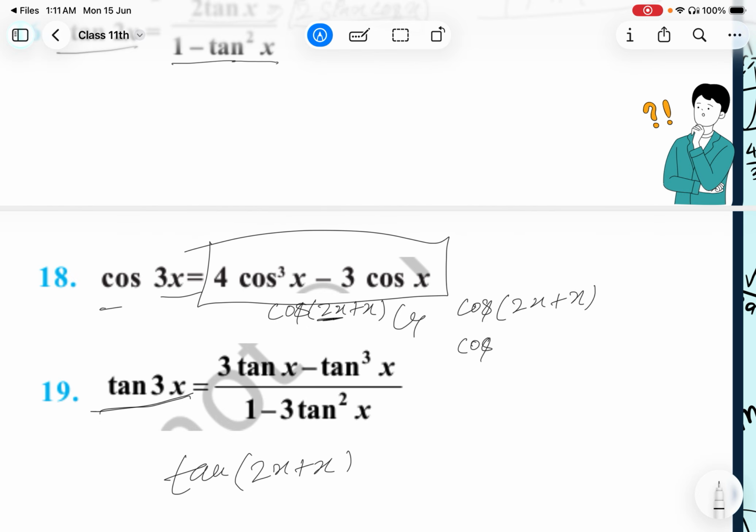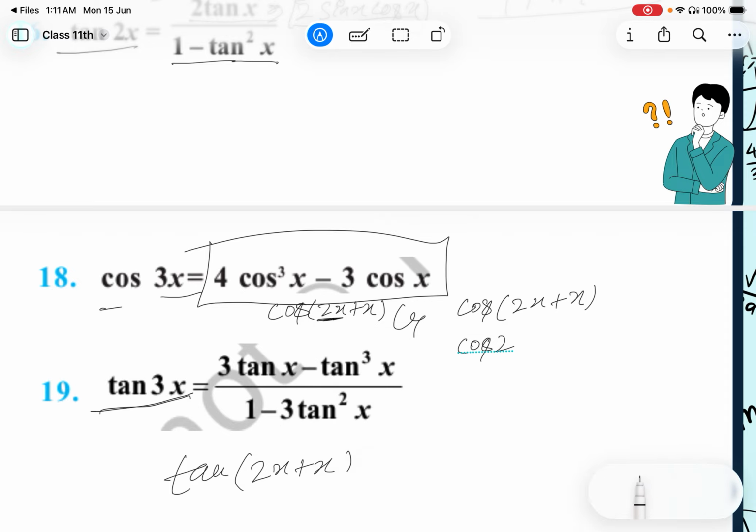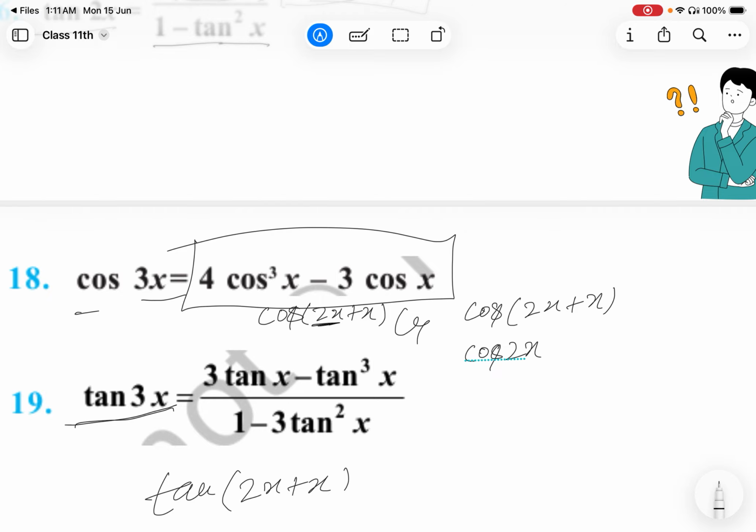Now as per formula, cos 2x and cos x, and this is multiplication, not addition, right?